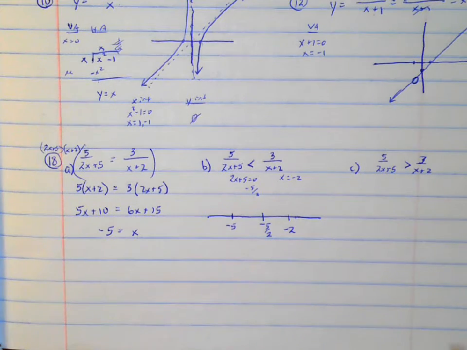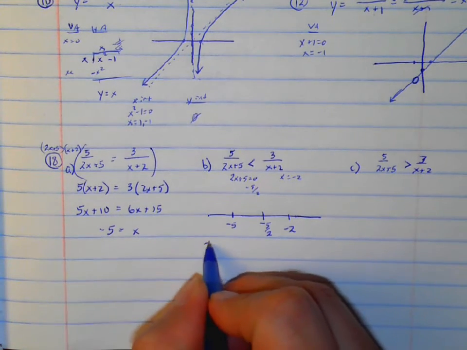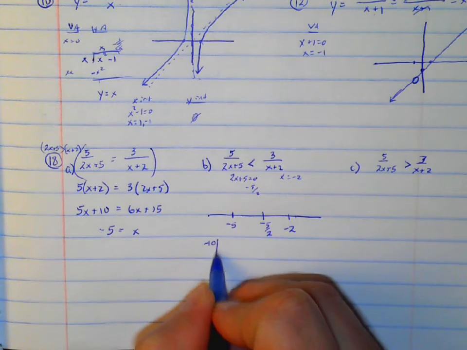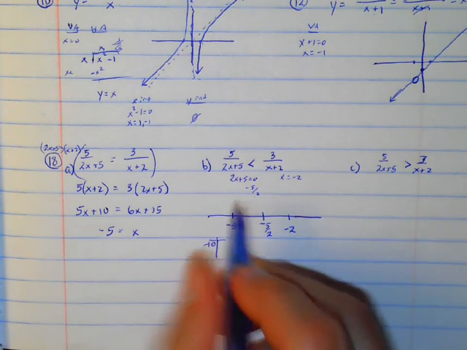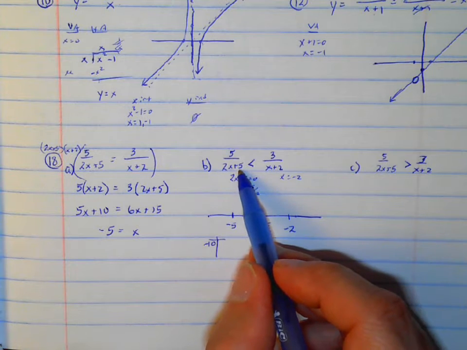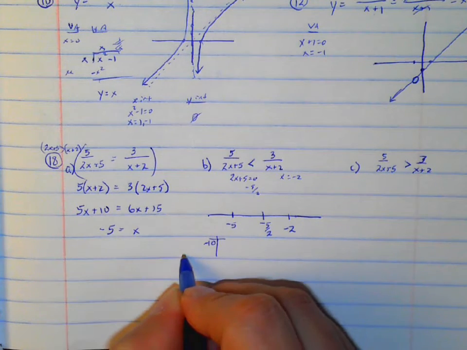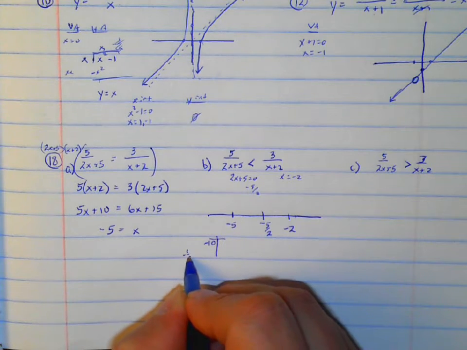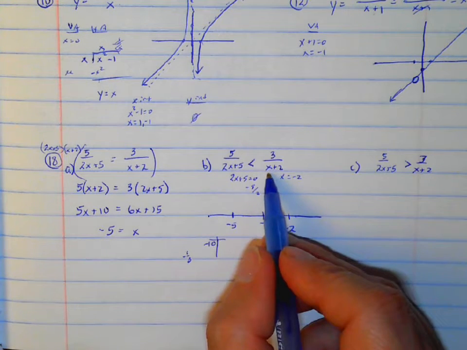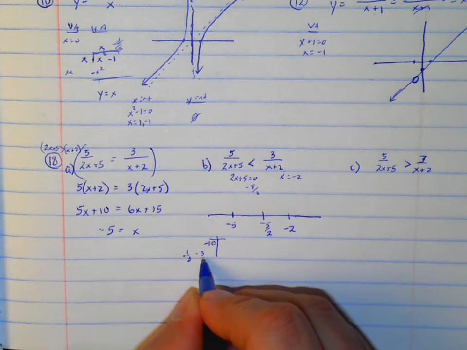Okay, so let's say I take negative 10. If I plug in negative 10 for the x, that'd be this area down here. So it'd be negative 20 plus 5, which is negative 15. 5 over negative 15 would be negative 1/3. And on this side, negative 10 plus 2 would be negative 8, so negative 3/8.